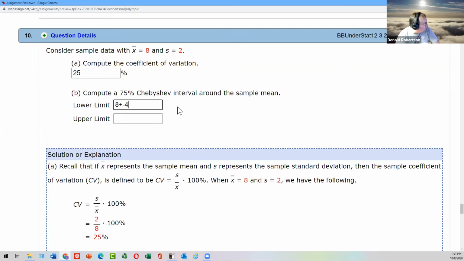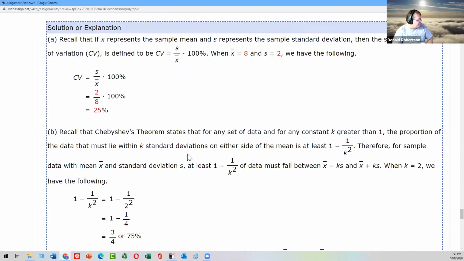So 2 times 2 is 4. So can you imagine that the upper limit's going to be that, and the lower limit is going to be that. Add or subtract 2 standard deviations, get you 75%.